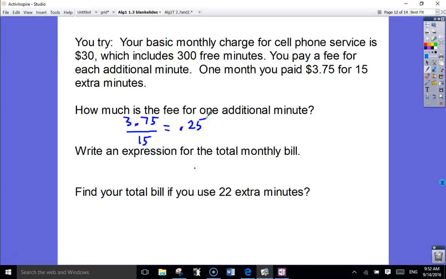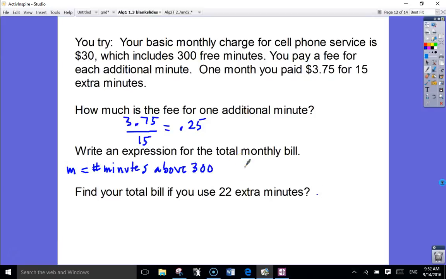We'll call that M. M equals the number of minutes above 300. Then what is the expression we could use to find the bill for any amount of extra minutes? Yeah, Sid.